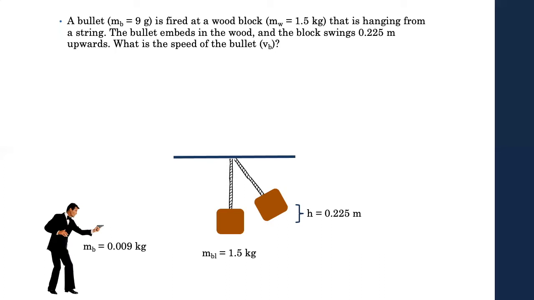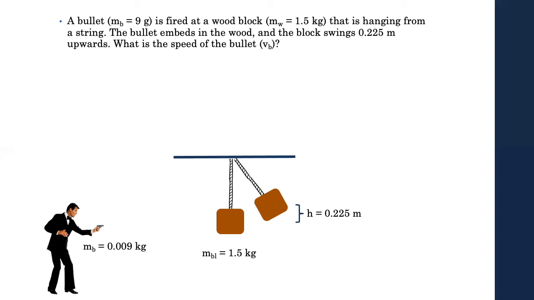Let's think about what kind of collision is occurring here. Who can tell me if it's elastic, inelastic, or perfectly inelastic when the bullet strikes the wood? Exactly. It's perfectly inelastic because the bullet and the wood block become one mass.